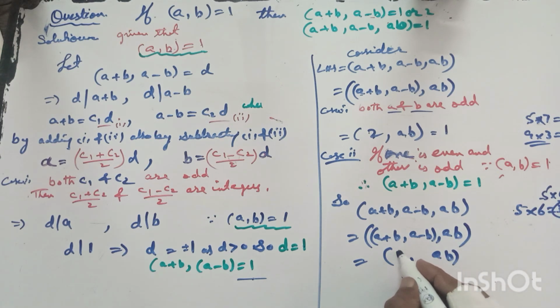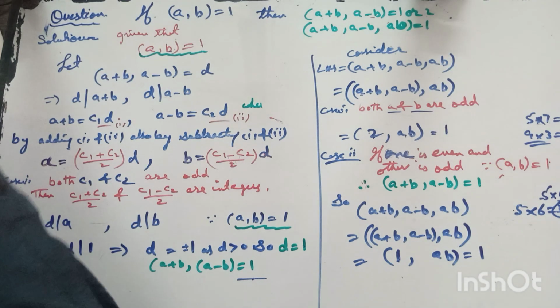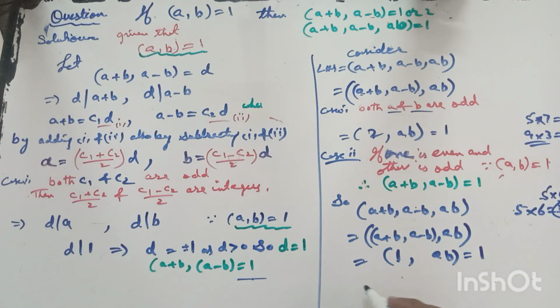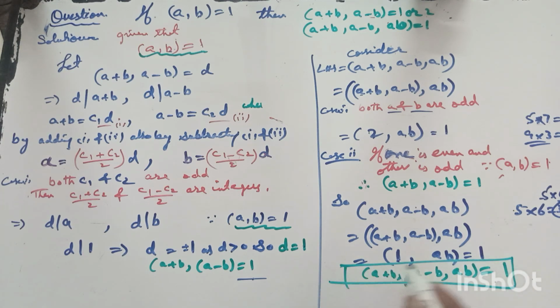So the GCD of 1 and an even number must be 1. So we have proved this. The GCD of A plus B, A minus B and AB is 1. We have proved it by these two cases.